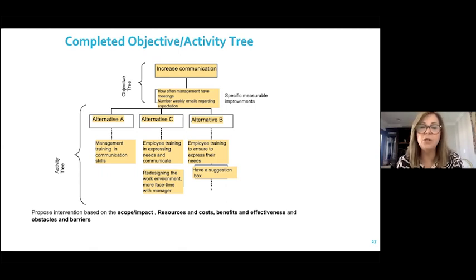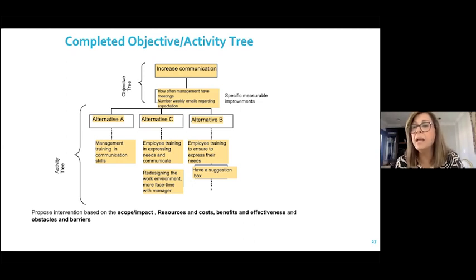As intervention, they offered 3 alternatives. One is to train the management to improve their communication skills. Two is to provide training for employees to express their needs and communicate to the management. They also talked about redesigning some of the workstations so there is more face-to-face time with the manager so they can talk to them more often.